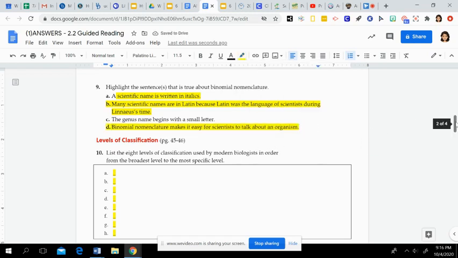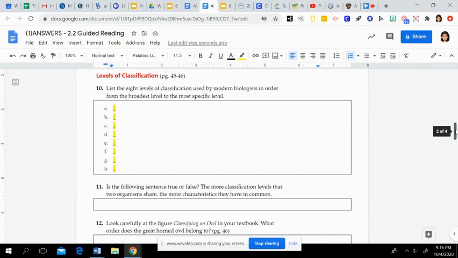Now that we have some basic information about that, we get into the levels of classification.